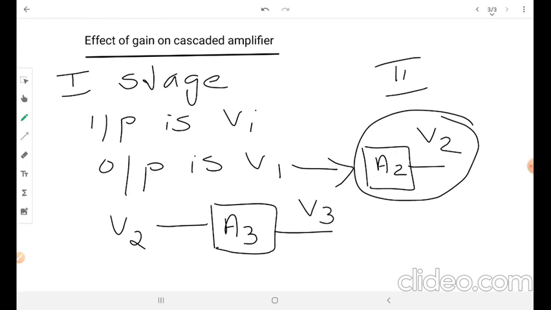In this way, different stages are cascaded to each other.